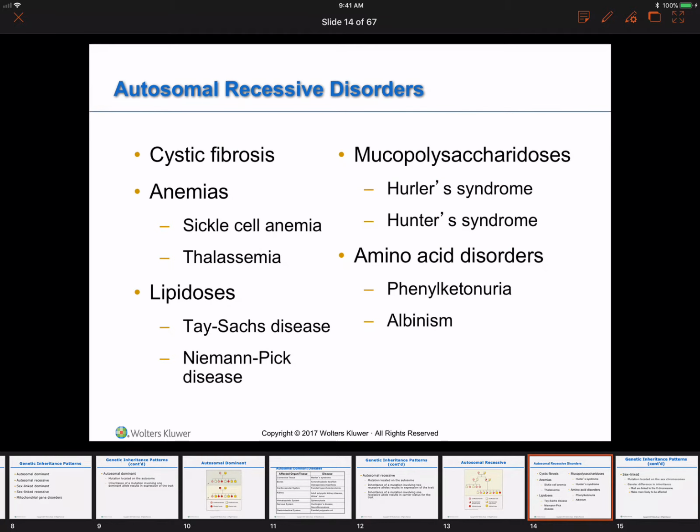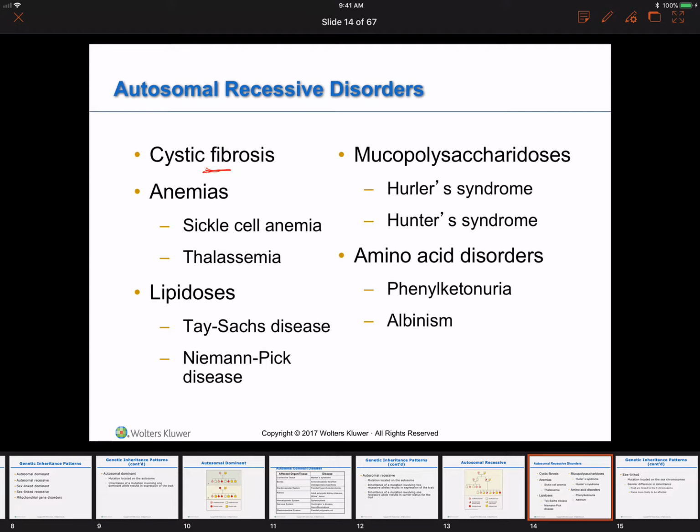All right, what are some examples? Usually with autosomal recessive disorders, the convention or the theme is that it involves mutations where you see deficiency in something. Deficiency in a receptor, deficiency in an enzyme, a protein of some sort. So here are some examples. Cystic fibrosis, that's one of the common things you probably see in the future.